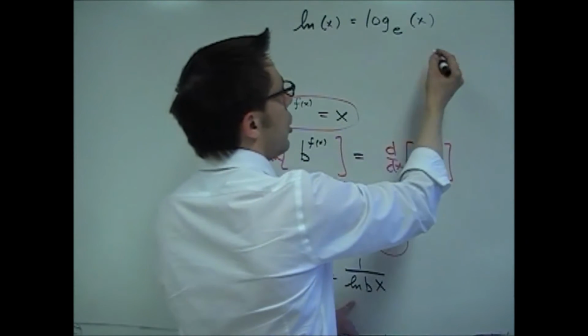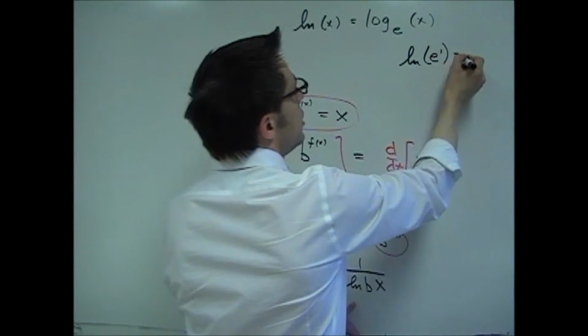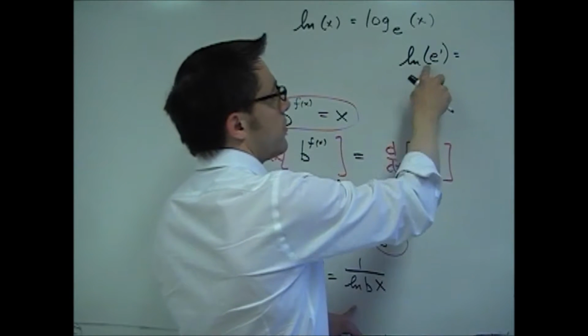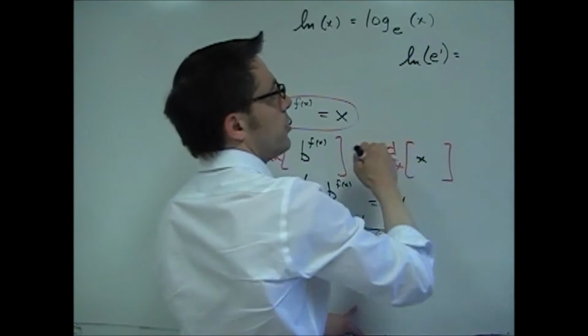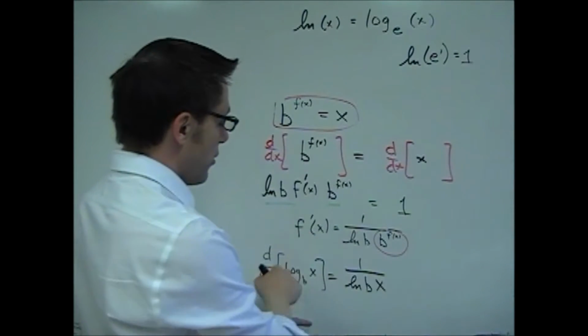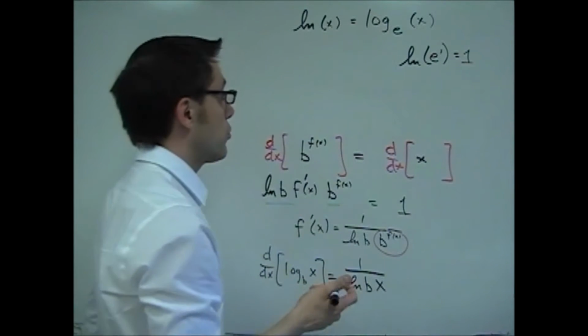Well, certainly we also know, by the way, that natural logarithm of e to the 1 is equal to, well, remember they're inverses of one another. And since they have the same base, I just get the input, which is 1 in this case. So I get 1. So therefore, I can rewrite this expression for the logarithm base e, or the natural logarithm.